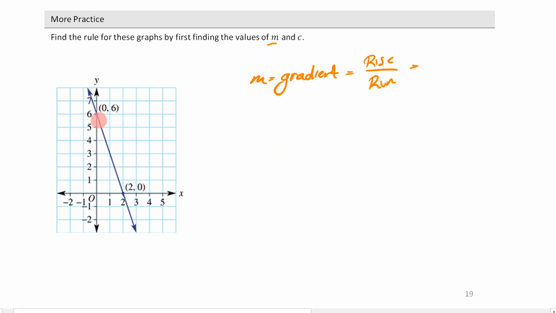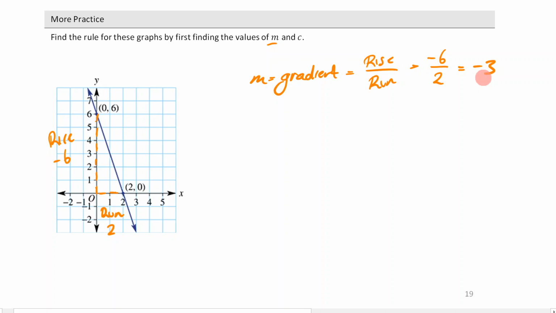Now, here is my rise. Here is my run. Do you see how it's 1, 2, 3, 4, 5, 6? It's 6 down. And then it's 1, 2 across. Oh, sorry, it's 2 across, just 2. So that means I put a -6 here. I put a 2 there. It's going to be -3.